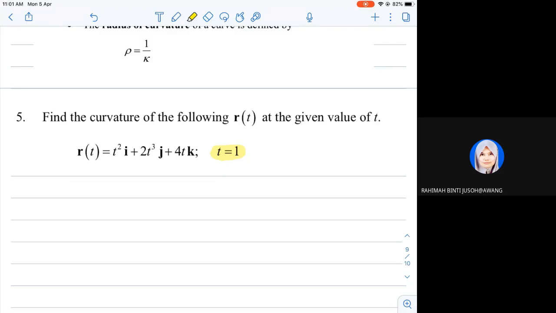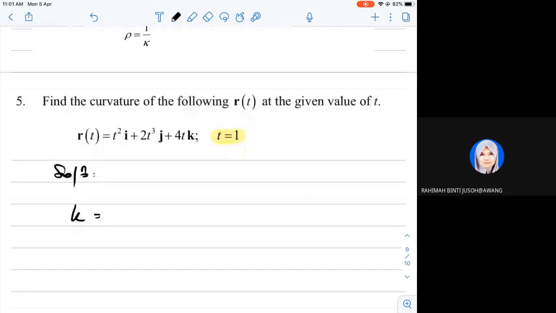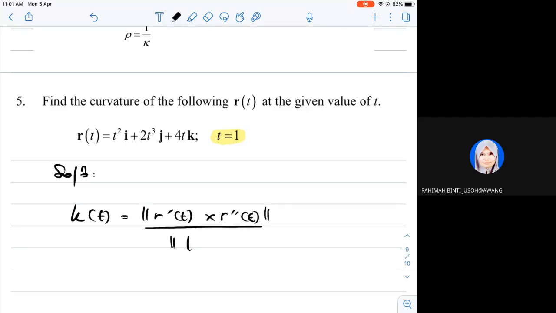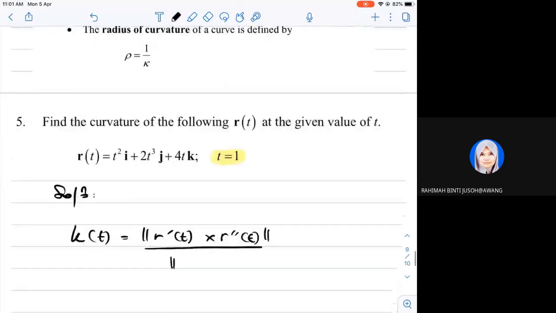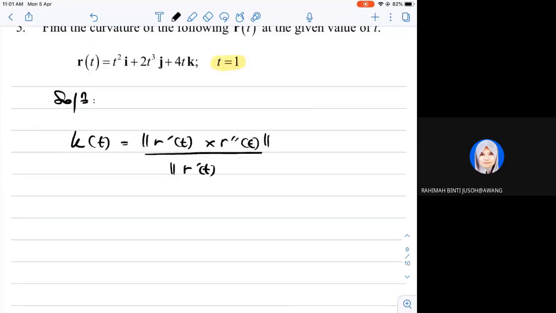Okay, solution. Formula of curvature, we use the second formula. Kappa of t equals to magnitude of r prime t cross r double prime t bahagi magnitude of r prime t cube, like this.